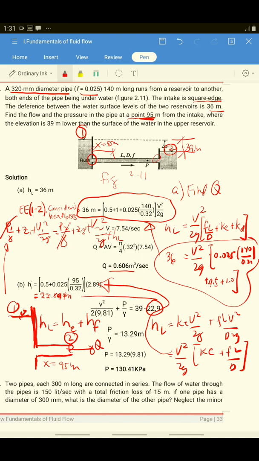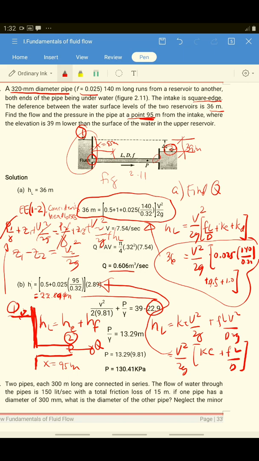And the velocity at the reservoir is equal to 0 because it is assumed to be negligible. So what remains is Z1 minus Z2 is equal to V2 squared over 2G, because inside the pipe there is a velocity.